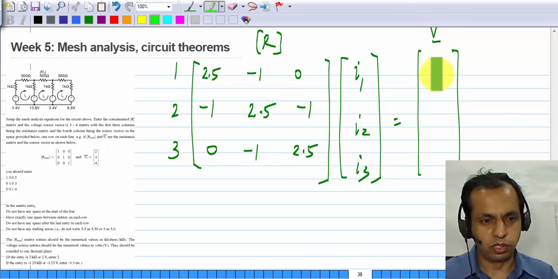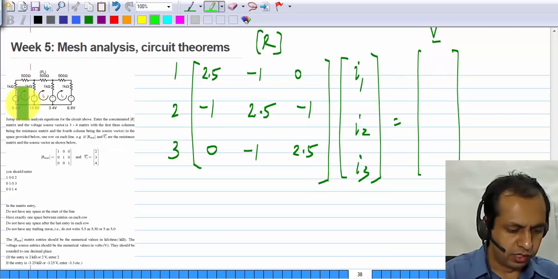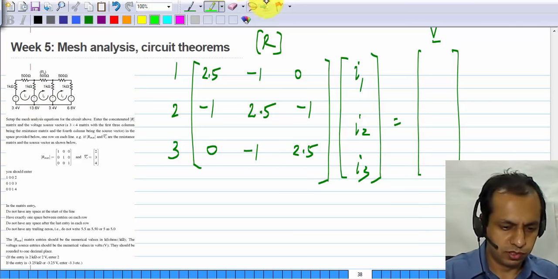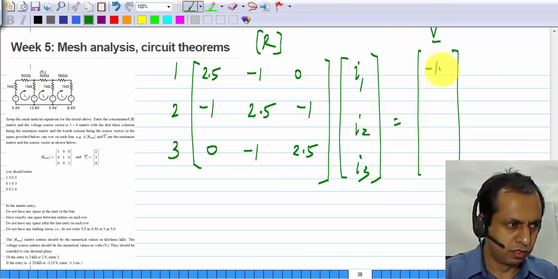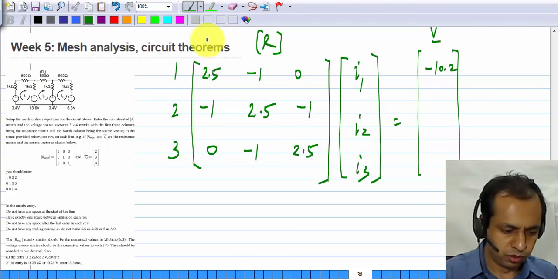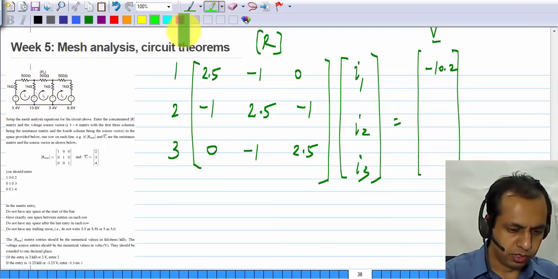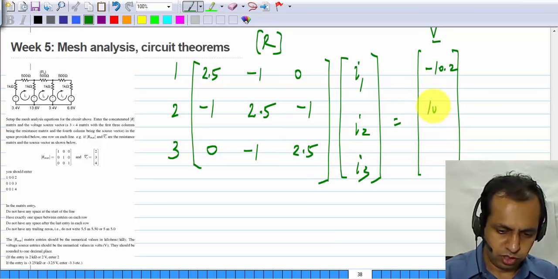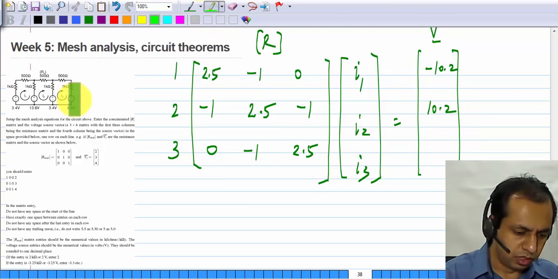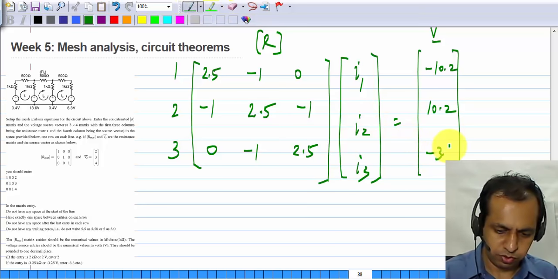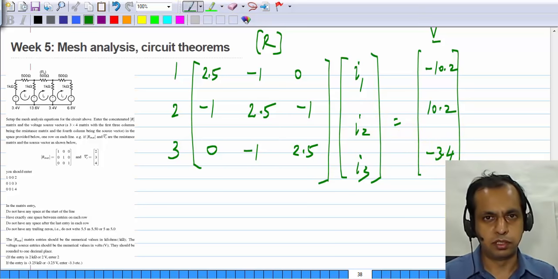Now the right side, the voltage source vector. Going in this direction, the total voltage rise is 3.4 minus 13.6, that is minus 10.2 in mesh 1, and in mesh 2 plus 13.6 minus 3.4, so 10.2, and finally plus 3.4 minus 6.8, that is minus 3.4 in mesh 3.